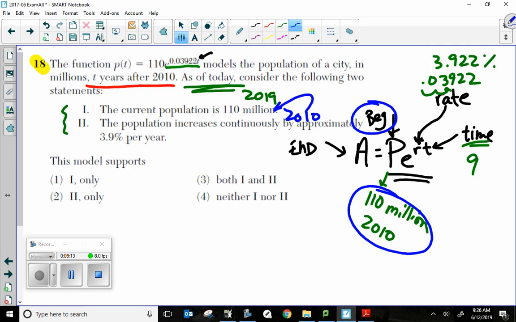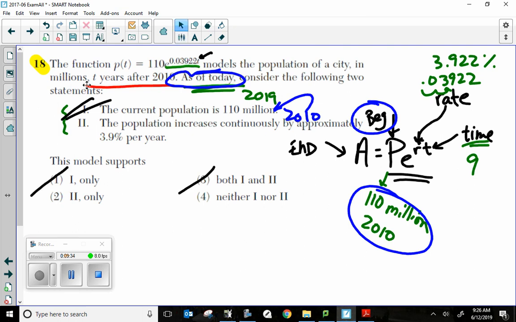They're asking me as of today. Okay, my board is stroking out, I'm sorry. As of today, the population is not 110 million. In 2010 it was. So it is not number one, so anything with a number one can't be an answer.